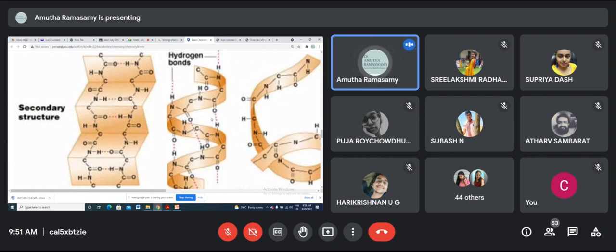That has to sense. There should be a sensing mechanism between two different molecules. Maybe one is a biomolecule, one is the new coming person.